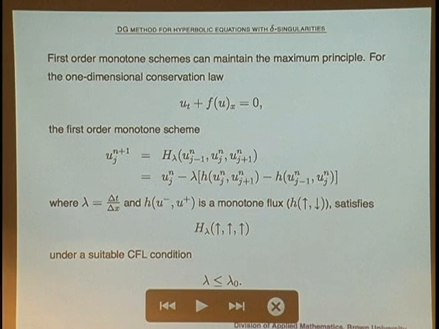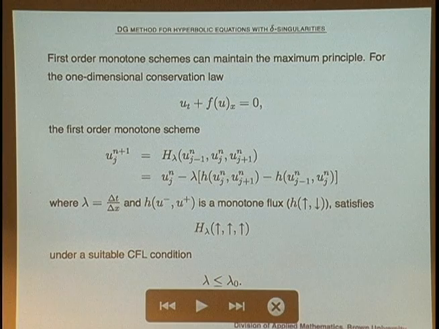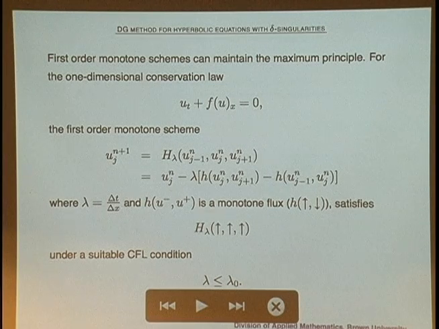So this is why first order schemes are monotone. In other words, it's an increasing function of all 3 arguments, provided you satisfy a CFL condition. Remember, lambda is delta t over delta x, the time step over the spatial mesh size.